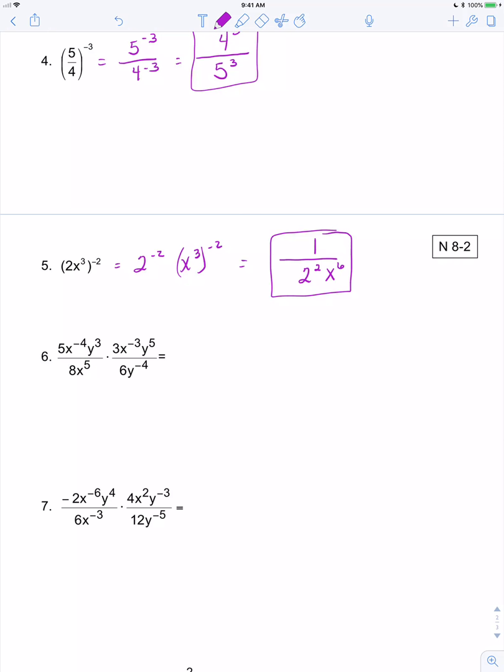We can't reduce any of our whole numbers, so let's take one thing at a time. Let's deal with the top, and then let's deal with the bottom.